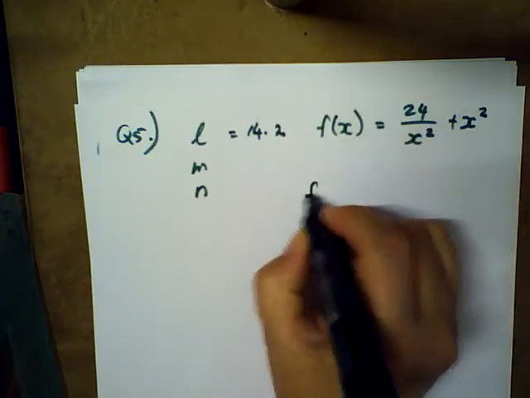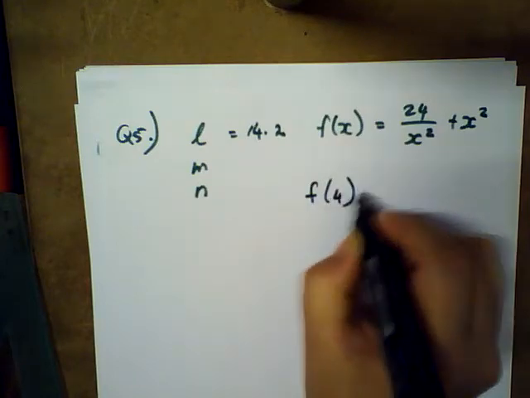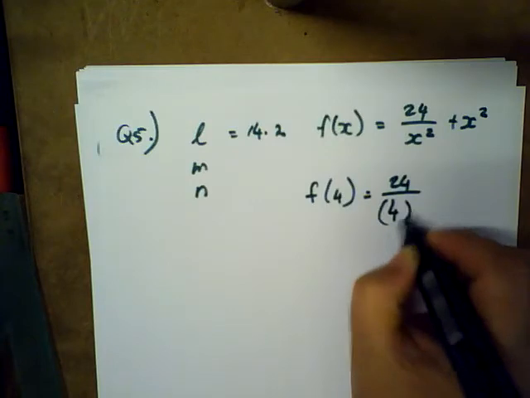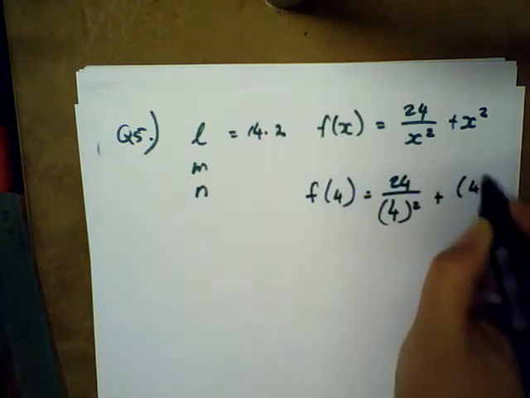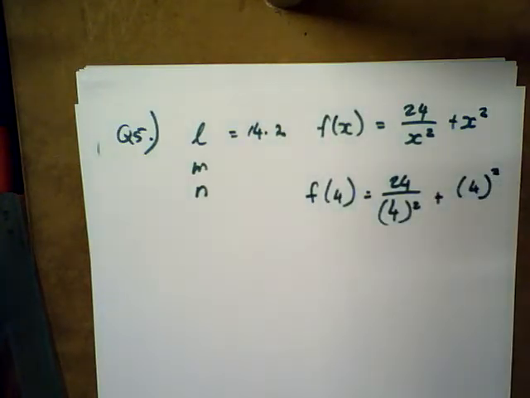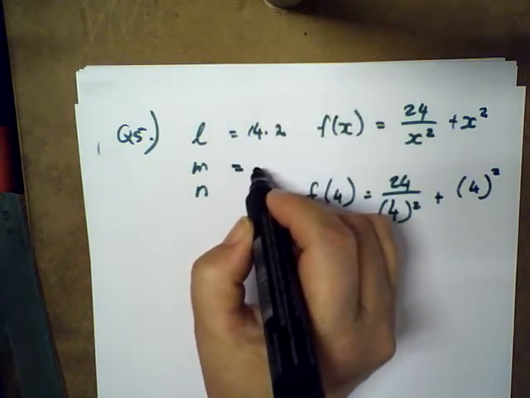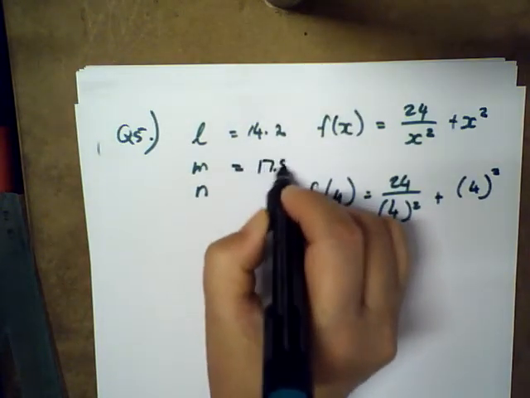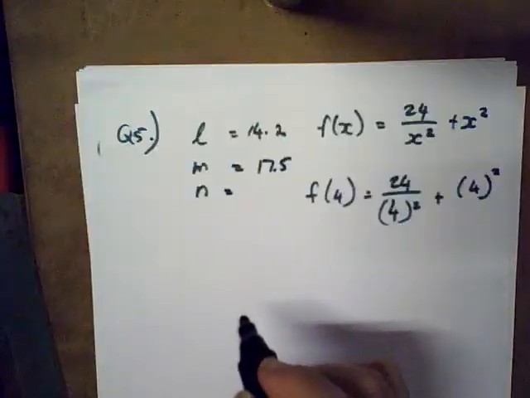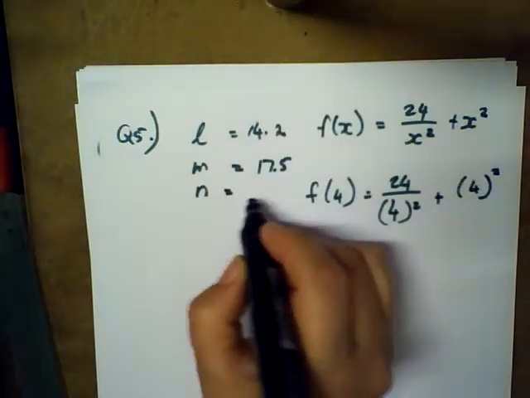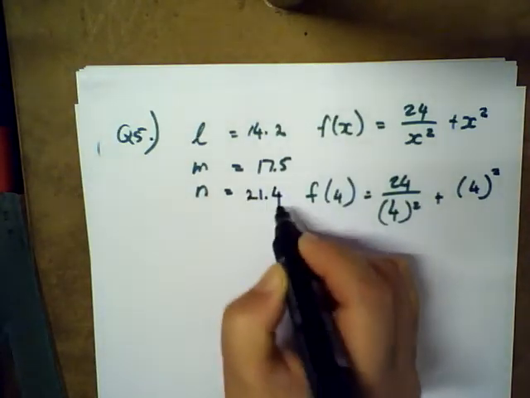So 24 over 4 squared plus 4 squared. Then we should get an answer of 17.5. And N, we substitute 4.5 in, and you should have 21.4 as an answer.